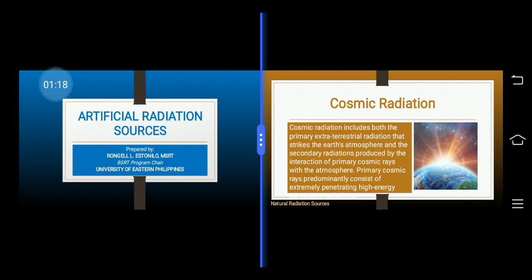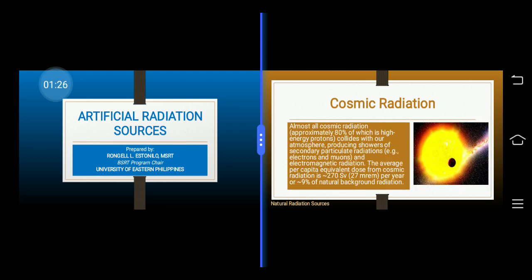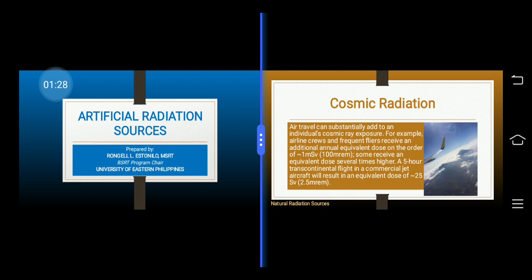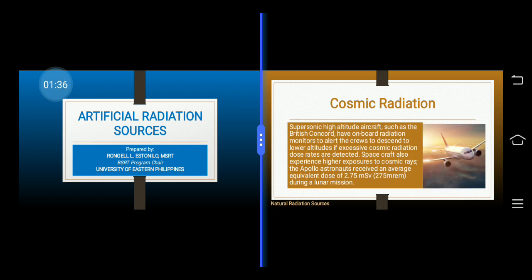Cosmic radiation is emitted by heavenly bodies such as the stars and the sun. Air travel can substantially add to an individual's cosmic X-ray exposure, significantly from supersonic high-altitude aircraft such as the British Concorde.